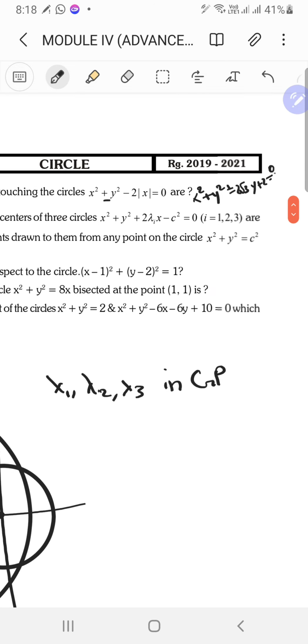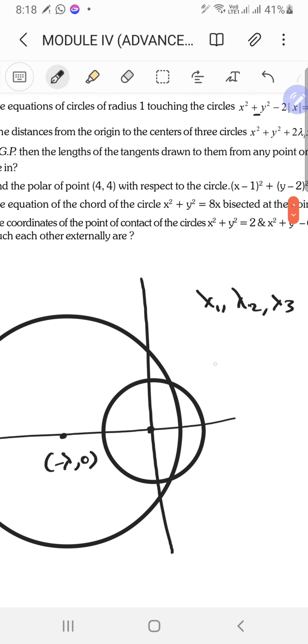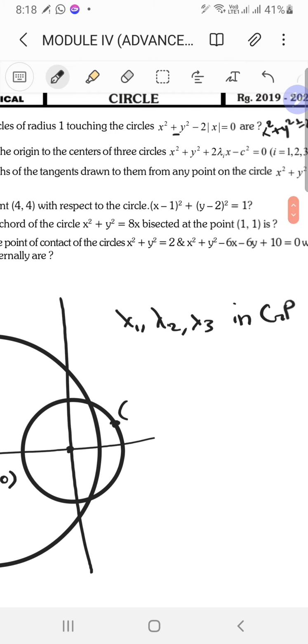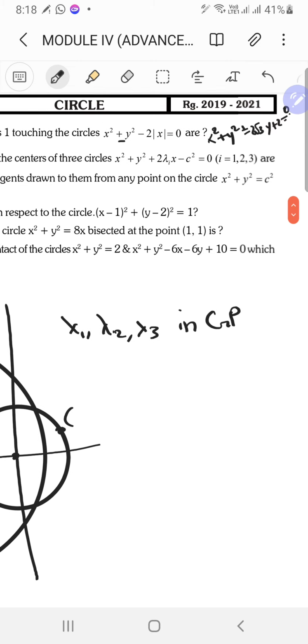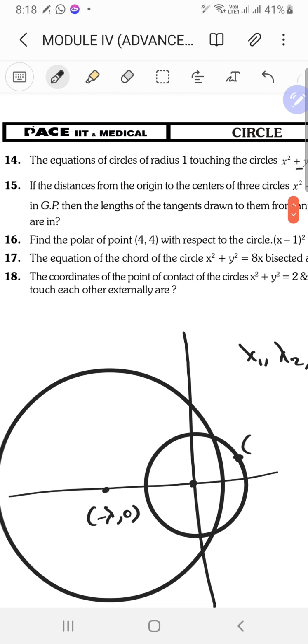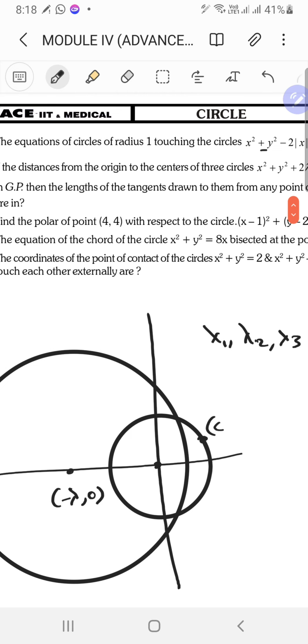Then they are asking about the length of the tangents from any point on this circle. So let's just choose a random point, say this, and let's parameterize this. So this is going to be c sine alpha, c cosine alpha.